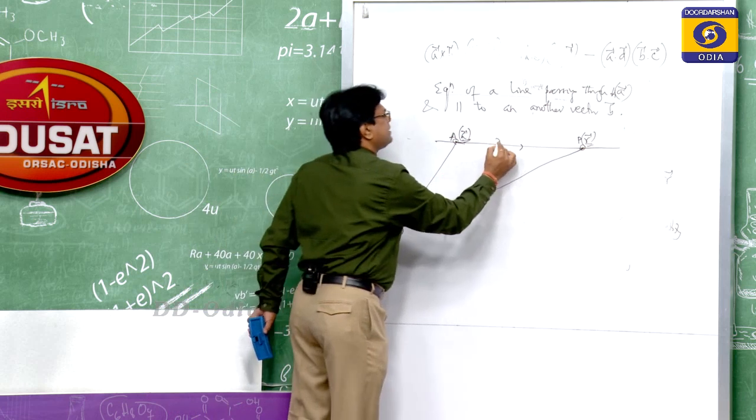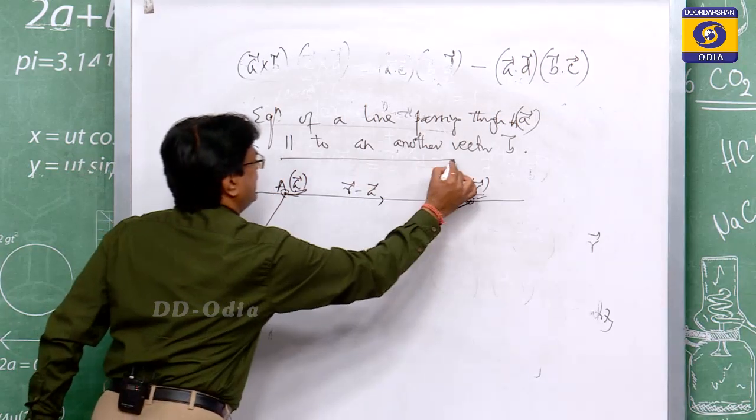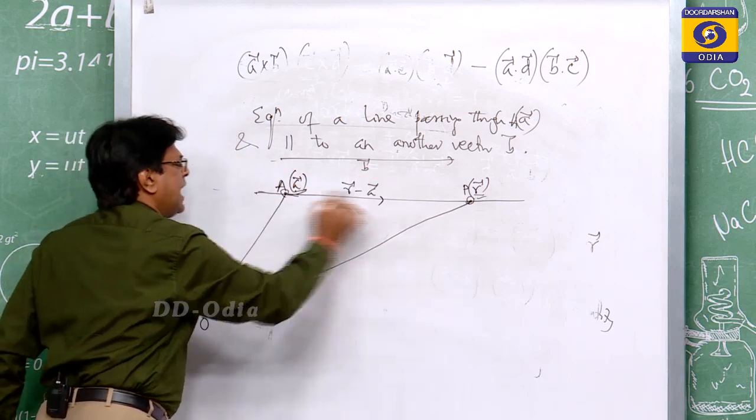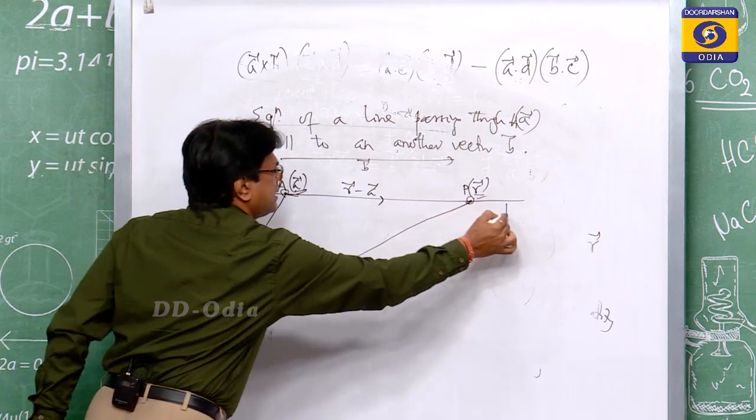So, r minus A, this is your vector r minus A. Now, we draw another vector, this is B. This line is parallel to vector B. So, you have to find the equation of this line.